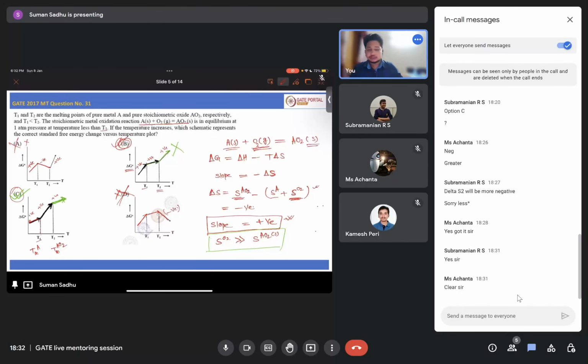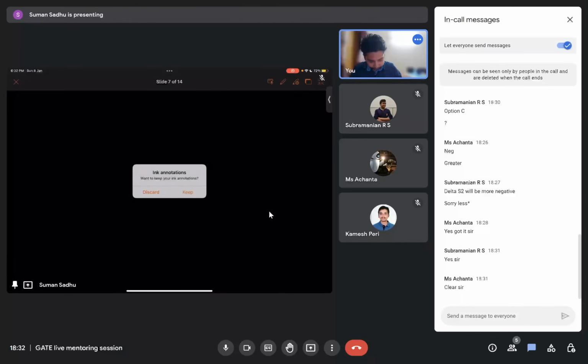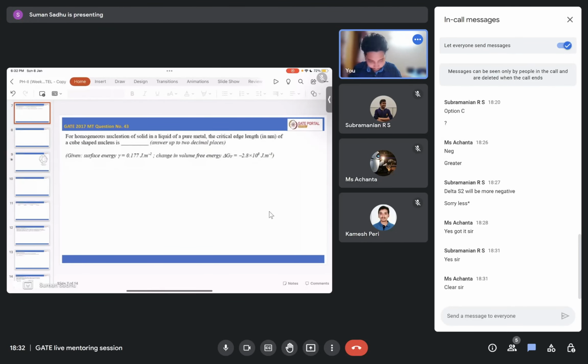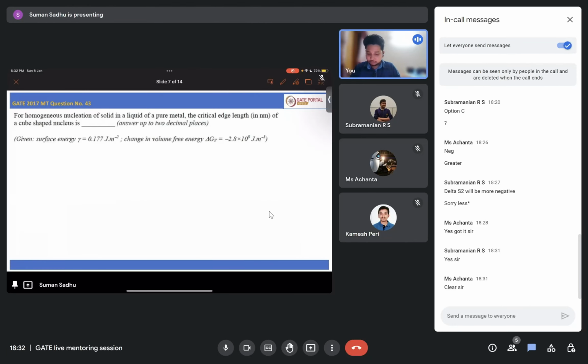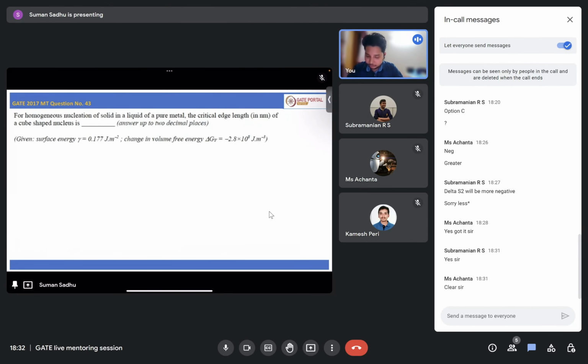Okay, so as it is clear for everyone, I'll move to the next question. This is question number 43 of GATE 2017. The question is, for homogeneous nucleation of solid in a liquid of a pure metal, the critical edge length of a cube-shaped nucleus is.